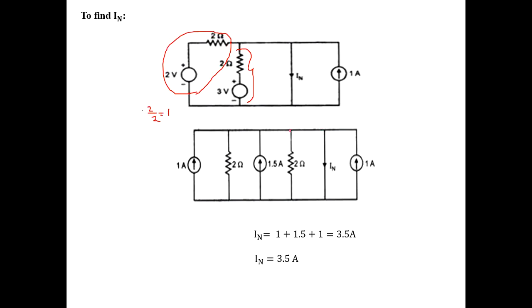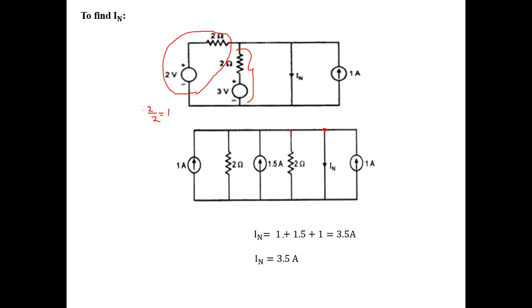Here consider this is one node, or this is one node. All the nodes are the same. We have to consider any one node. Consider this node. Here we have to apply Kirchhoff's current law. We know that Kirchhoff's current law is incoming current equal to outgoing current. Here this one is the incoming current, this 1.5 is also an incoming current, and then this one is the incoming current.